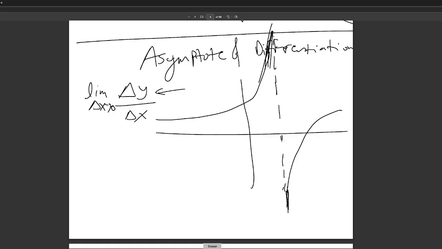It means if you evaluate the derivative closer and closer to the asymptote, it's just going to keep getting larger and larger. So that's why we say the derivative is effectively infinite. And of course negative infinity here. Any questions on that?